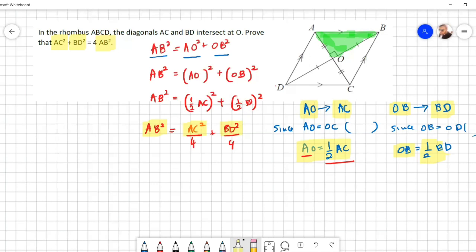To solve this problem, I can multiply this entire equation by 4. I can multiply this side by 4, then I will have to multiply this by 4, then I will have to multiply this also by 4. That will solve all my problem, as this becomes 4AB squared. This would cancel off the 4's and make it AC squared, and this would cancel off the 4 and make it BD squared. There you go. You have got the answer what you need.